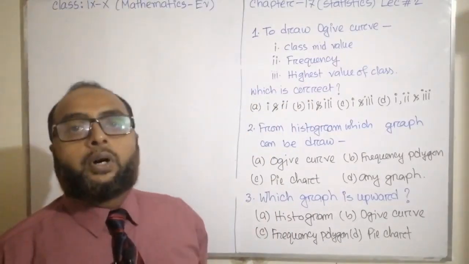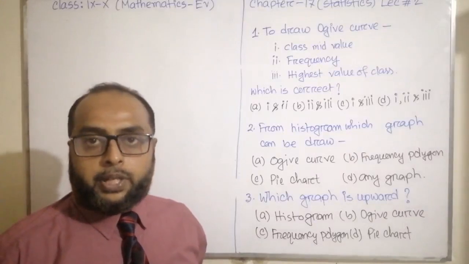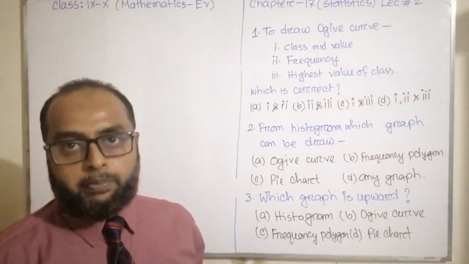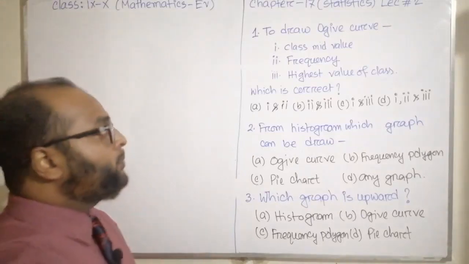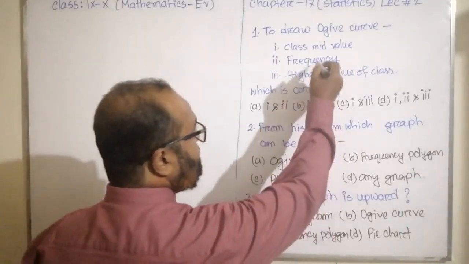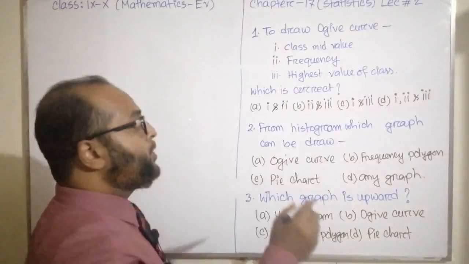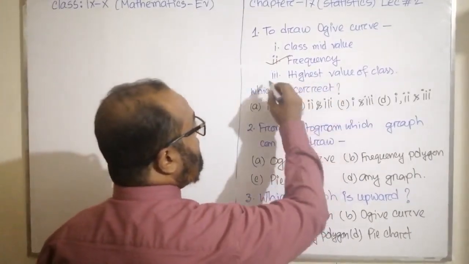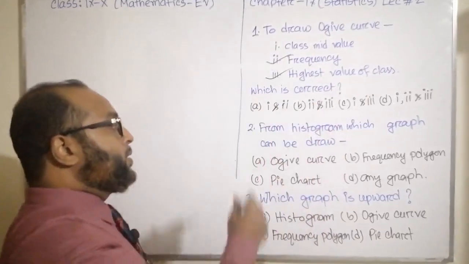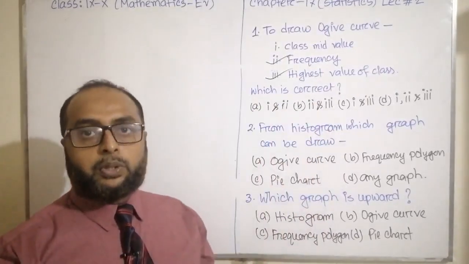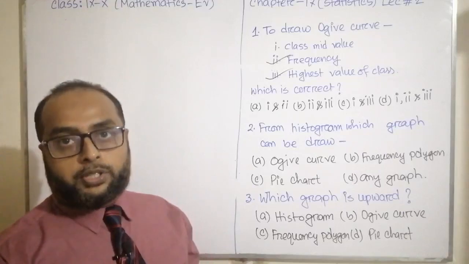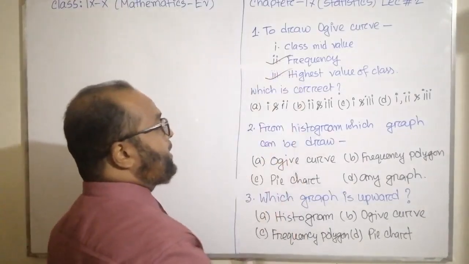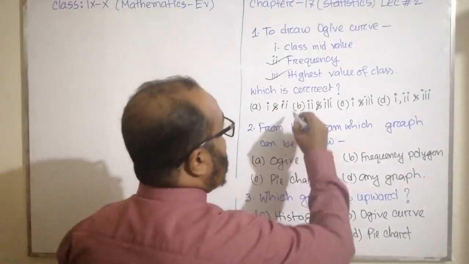To draw an ogive we need the highest value of class and cumulative frequency. From frequency we can find the cumulative frequency, and we also need the highest value of class. Without class mid value we can draw an ogive. So here 2 and 3 is correct. This is option B.